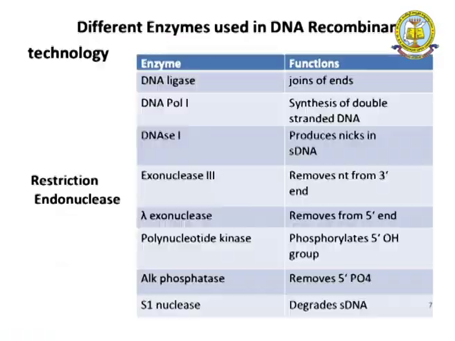Exonuclease enzyme removes nucleotides from the 3' end of the DNA. Polynucleotide kinase phosphorylates the 5' end, alkaline phosphatase removes the 5' phosphate, and S1 nuclease degrades single-stranded DNA. These are the enzymes utilized in rDNA technology.